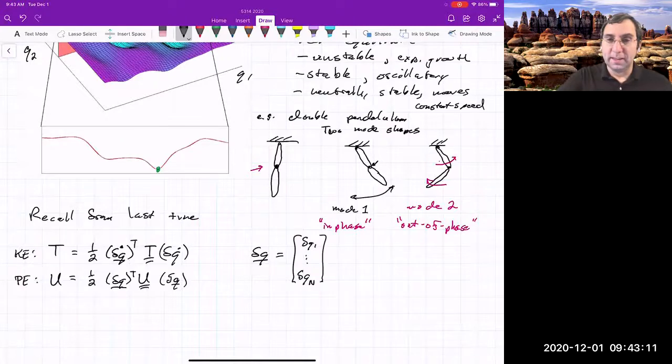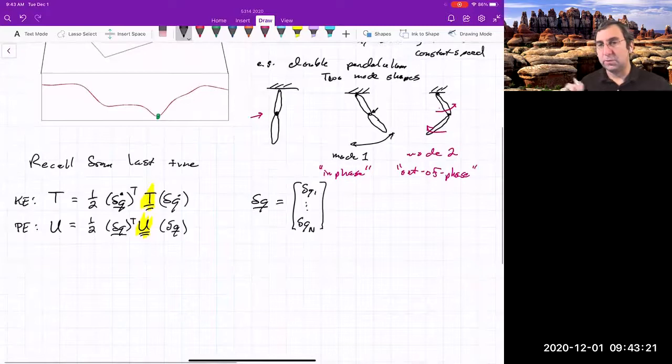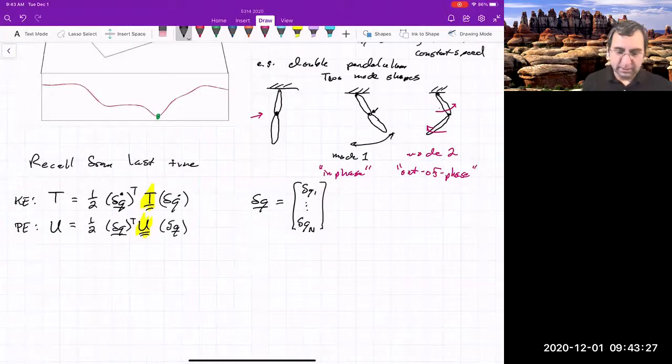Once you've got the T and the U matrices, you're able to solve for normal modes, first solving for the frequencies by calculating something that looks like an eigenvalue problem: the determinant of U minus lambda T equals 0.